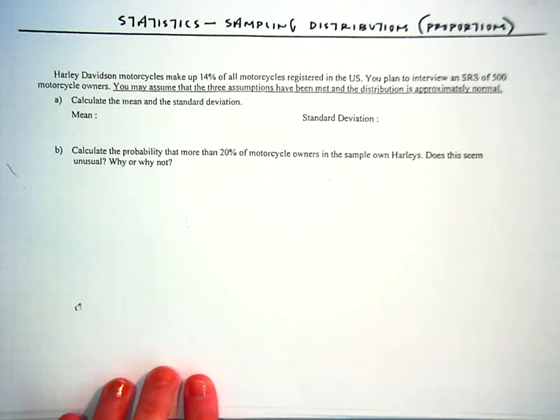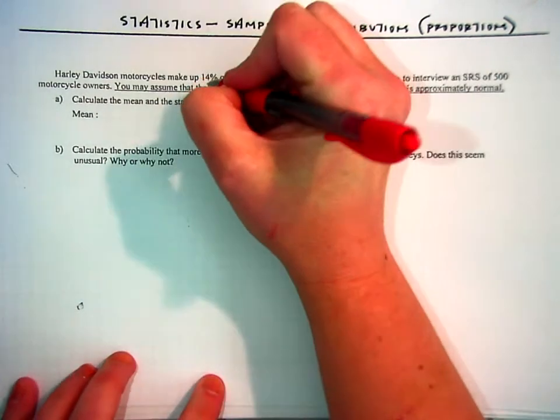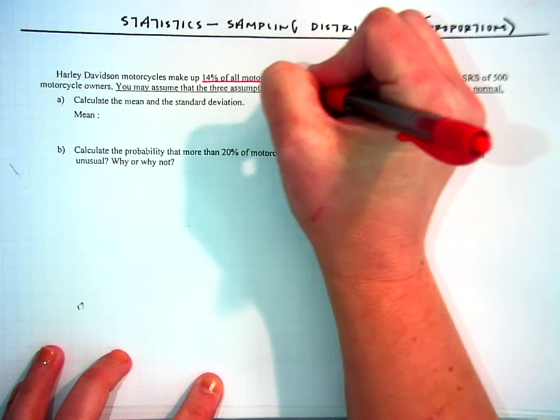Harley-Davidson motorcycles make up 14% of all motorcycles registered in the US. You plan to interview an SRS of 500 motorcycle owners. You may assume that the three assumptions have been met and the distribution is approximately normal. So what is it giving us here? That 14%, right?